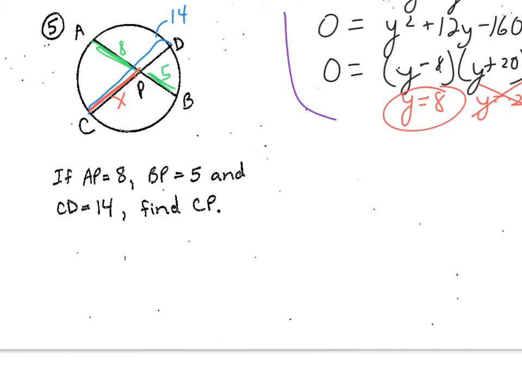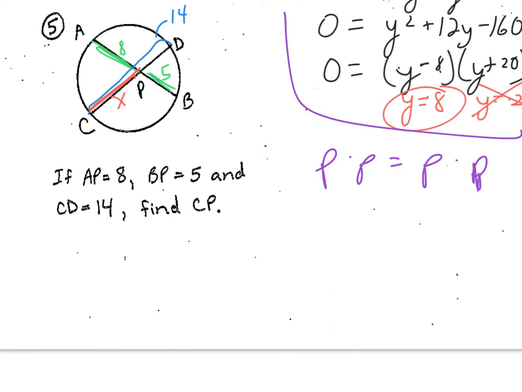So I do know that part times part equals part times part when I'm dealing with my chords, and I don't use the whole length at all. So this is going to present a little bit of a problem because for CD I know the whole length, but I don't know either part. So I'm going to have to get a little bit creative here.